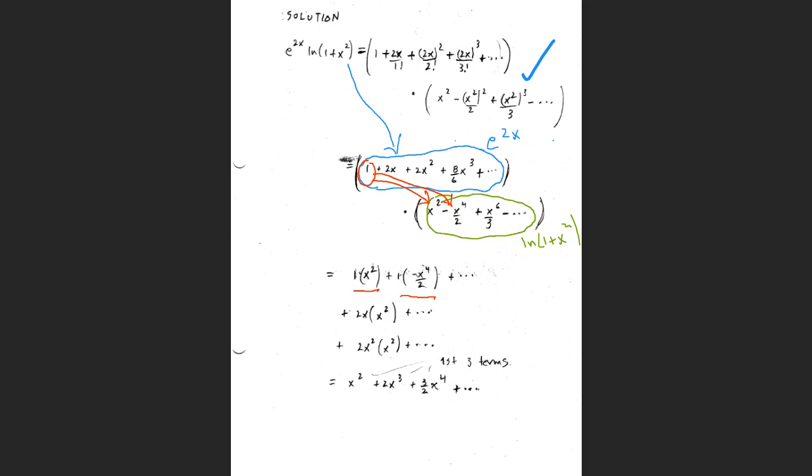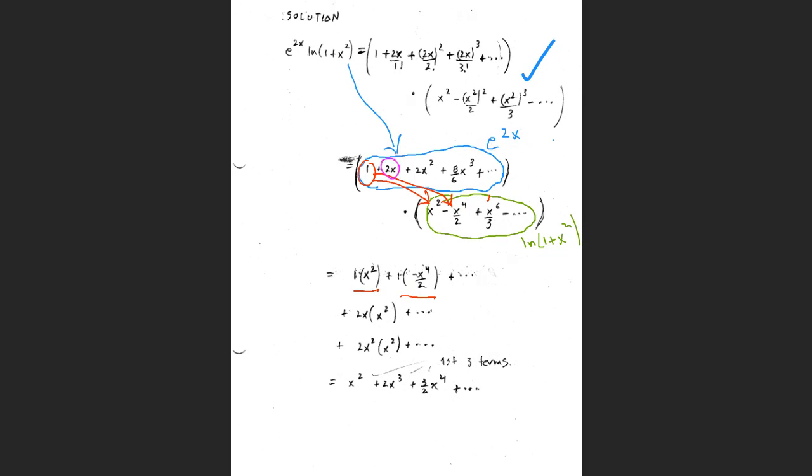And I could multiply the 1 also by x to the 6 over 3. But I'm going to choose not to do that because I only need the first 3 non-zero terms for this Maclaurin series for our function. So that would give me a power of 6, a term that has a degree 6. I might not need that. So let me just stick to the lower order terms.